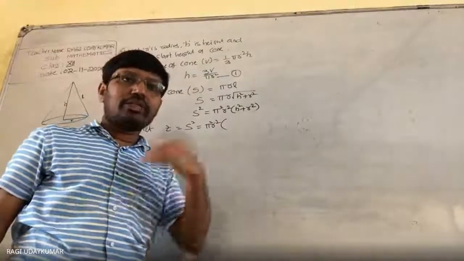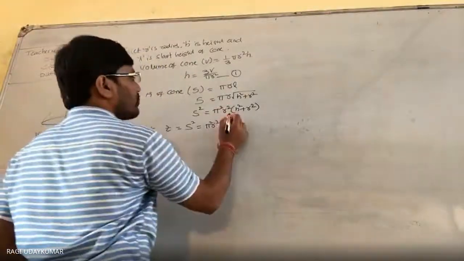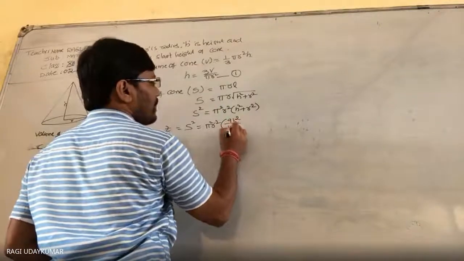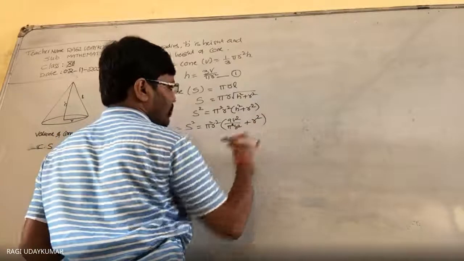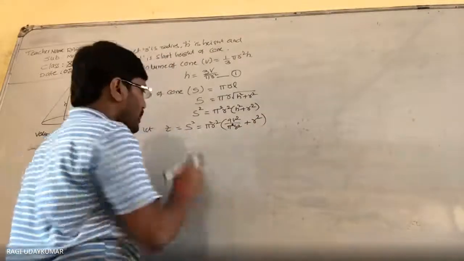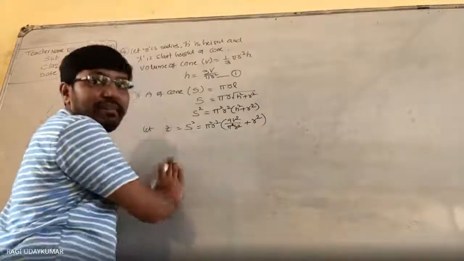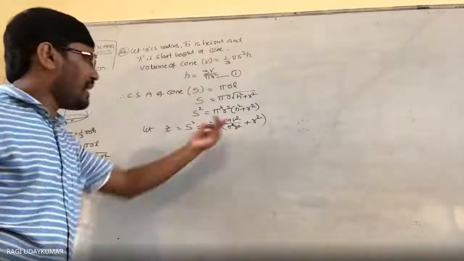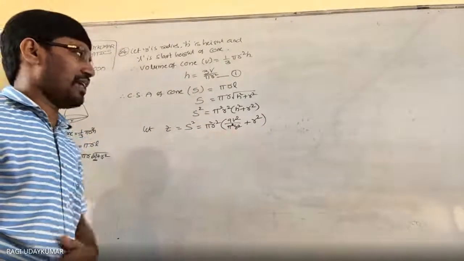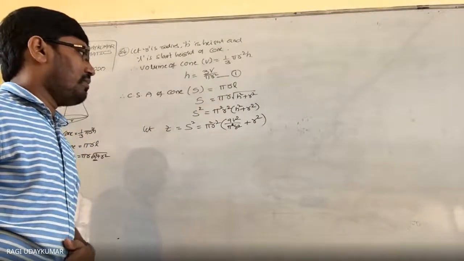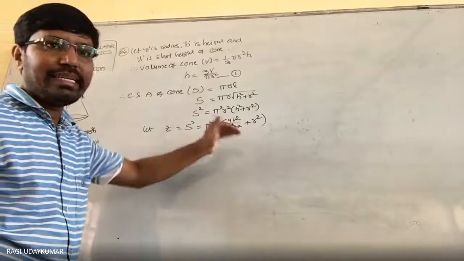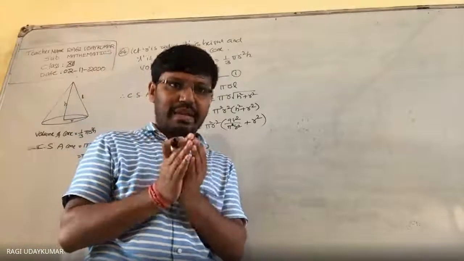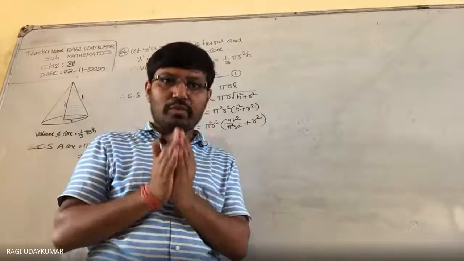So what will the h square value be? 9v square by pi square r square plus r square. Simplify this, and now z you got, differentiate with respect to r. After simplifying, it will become a little bit easy.